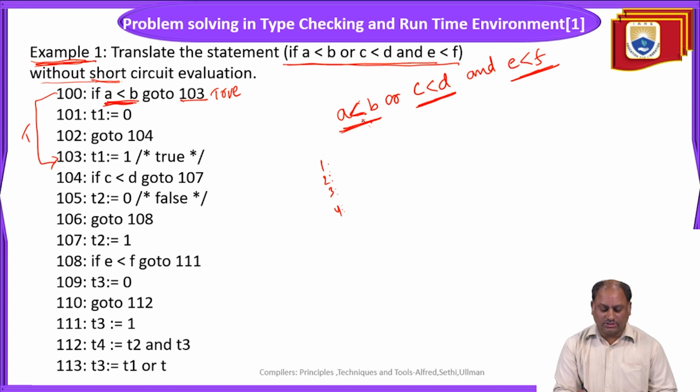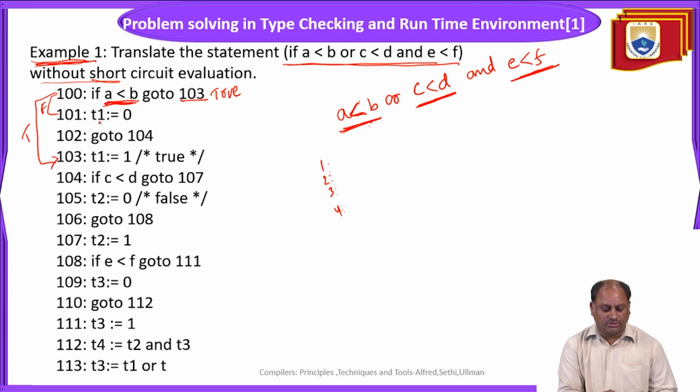Suppose the condition is false, then we are not going to 103, that location. Instead, we take the next immediate step, that is T1 equal to 0. T1 equal to 0 means false. So, we evaluate the condition A less than B. If it is true, we go to 103, that is T1 equal to 1.